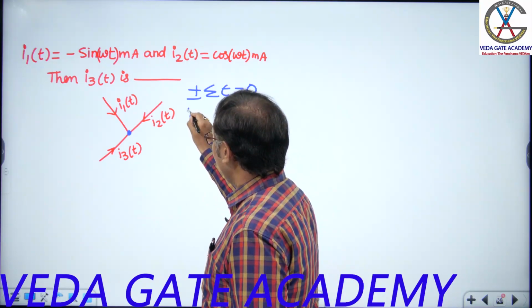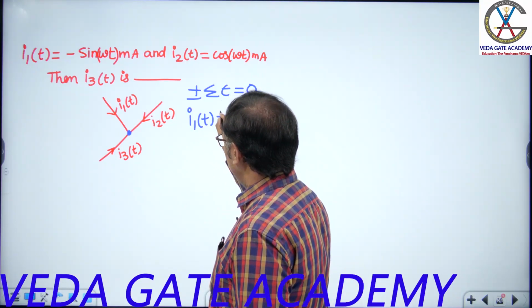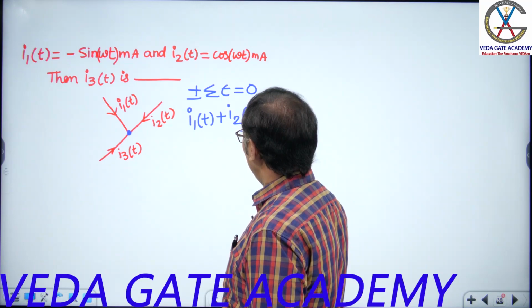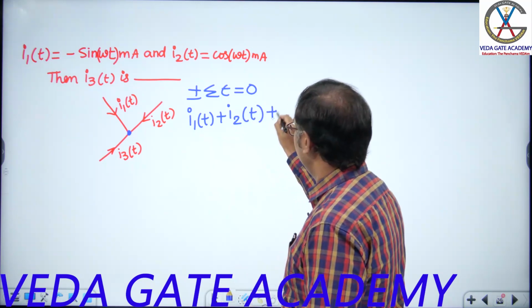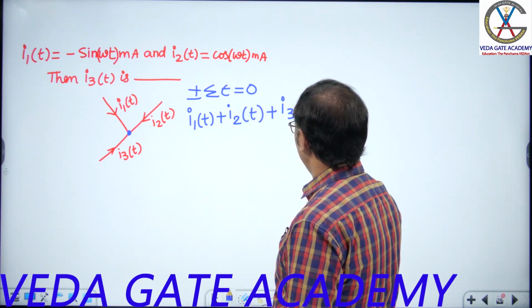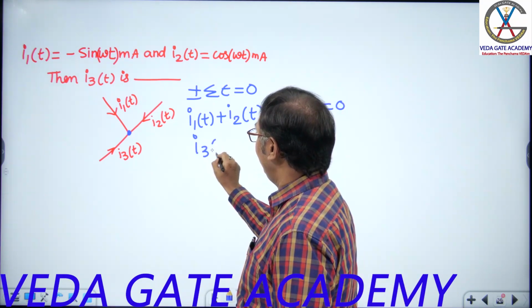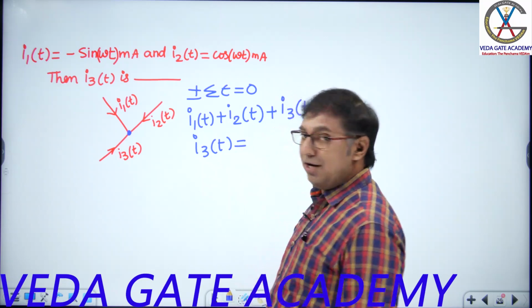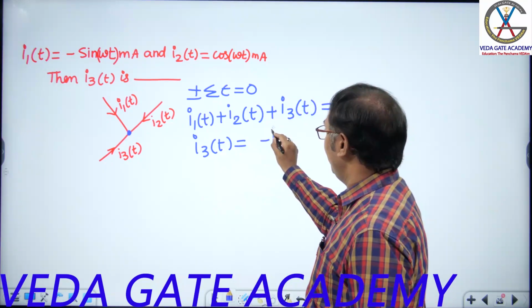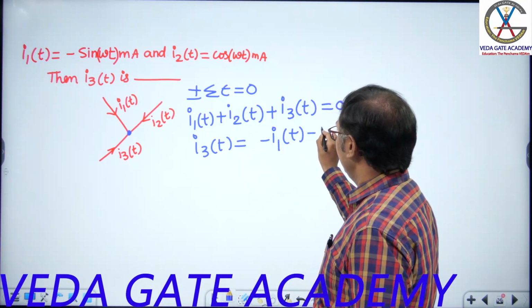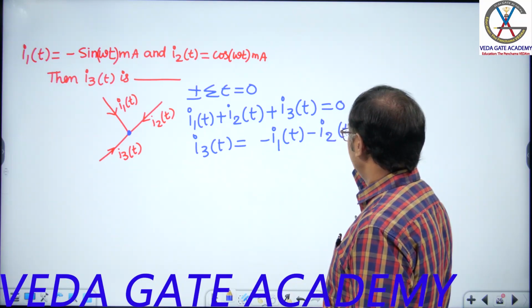I1 of t plus I2 of t plus I3 of t equals 0, so I3 of t equals minus I1 of t minus I2 of t.